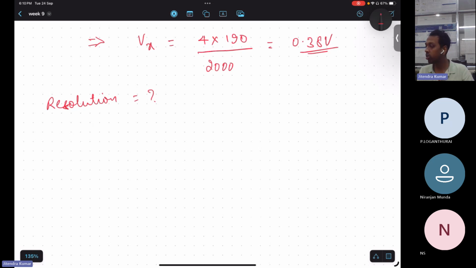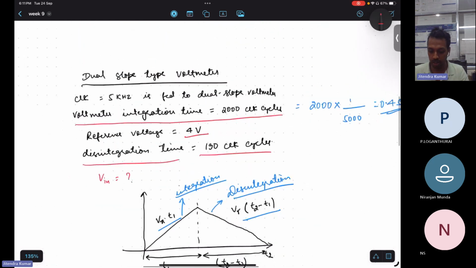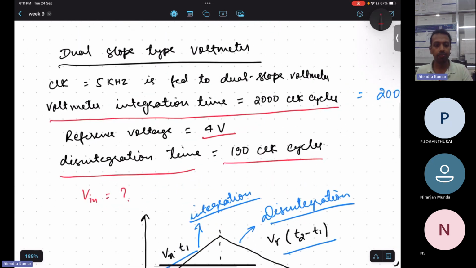So how much is the lowest possible value that can be measured in this dual slope voltmeter? Or how to calculate it? We will talk about the process.